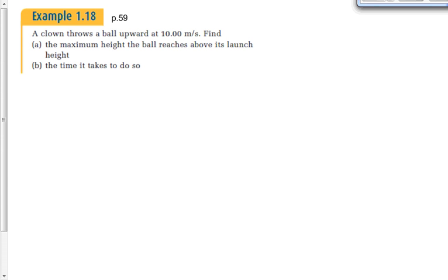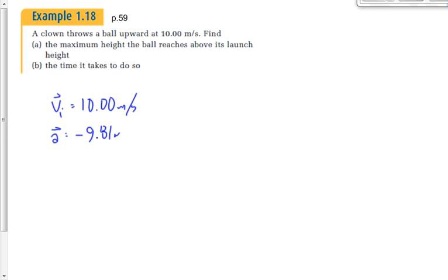We want to find the maximum height that the ball reaches above its launch height and the time that it takes to do that. There doesn't seem to be much given to me in this question. VI is 10 meters per second, and it's positive because it's upwards. Do we know what A is here, the acceleration? Yeah, it's negative 9.81. Even though the object is moving upwards, it's still slowing down in the upward direction.